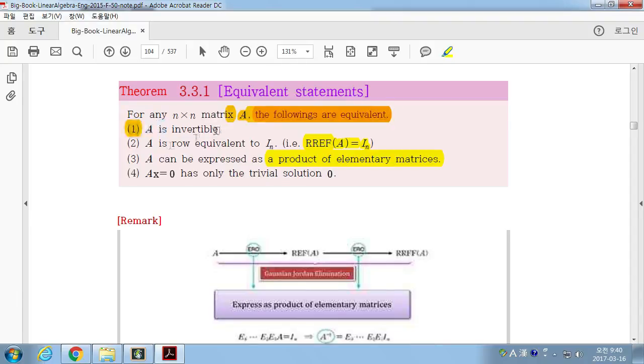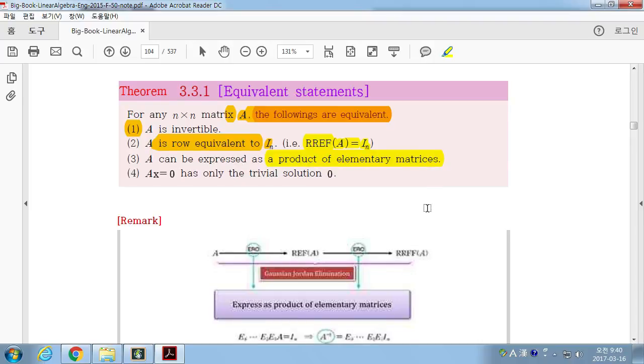A is invertible. A is row equivalent to the identity matrix, which means the RREF of A is an identity matrix. If A is invertible, then the RREF of A is the identity matrix. And also A can be expressed as a product of elementary matrices.